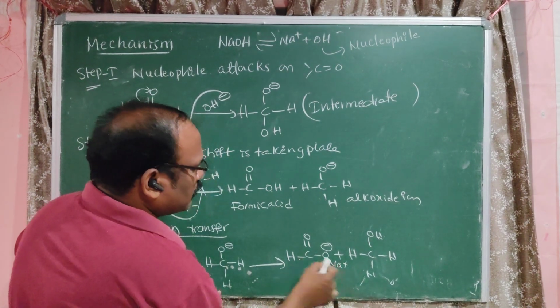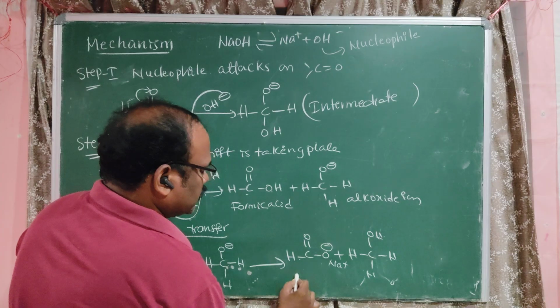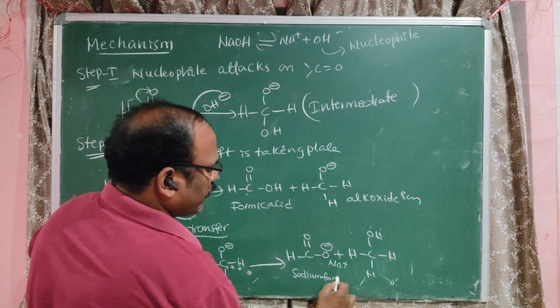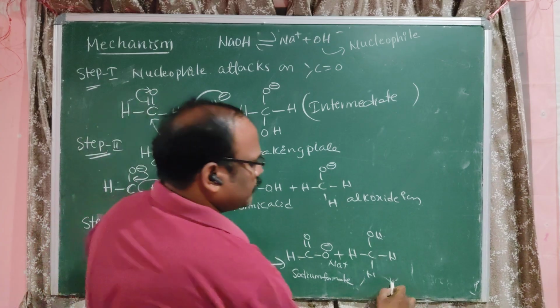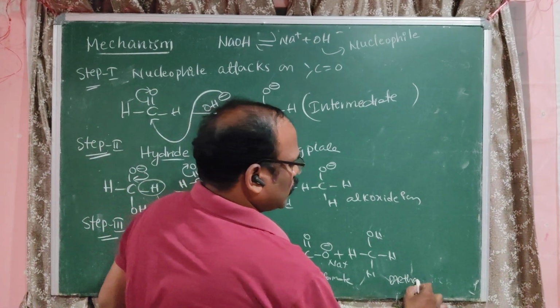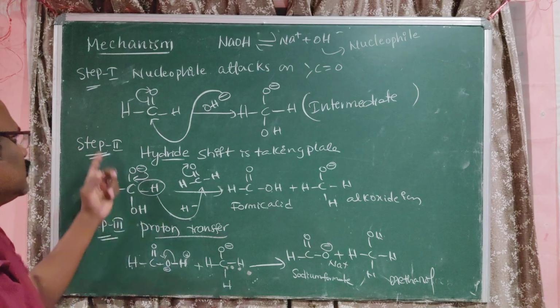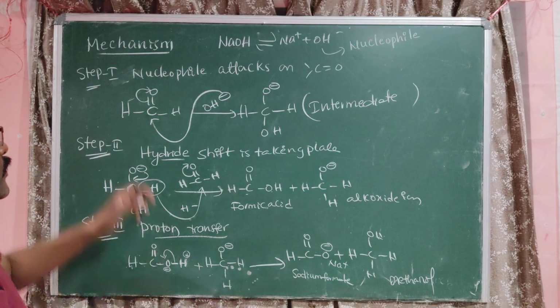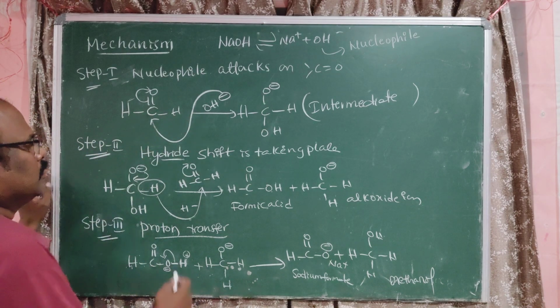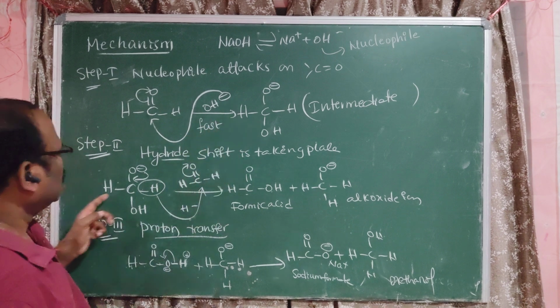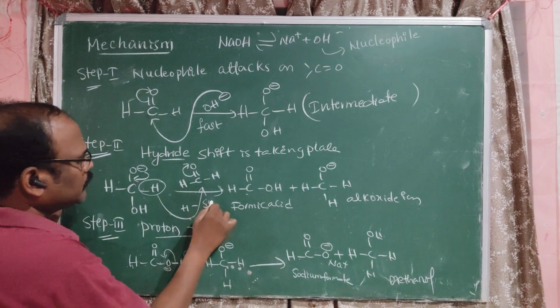So it is a sodium salt of a carboxylic acid. Its name is sodium formate, and the other is methanol. So in this Cannizzaro reaction, 3 steps are involved. The first step is a fast step, and the second step is called the slow step.